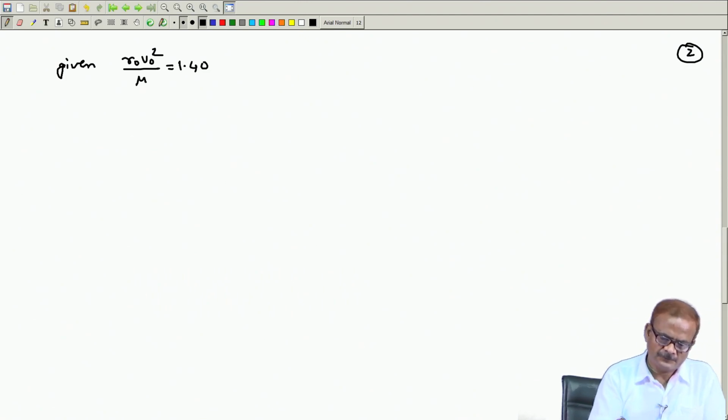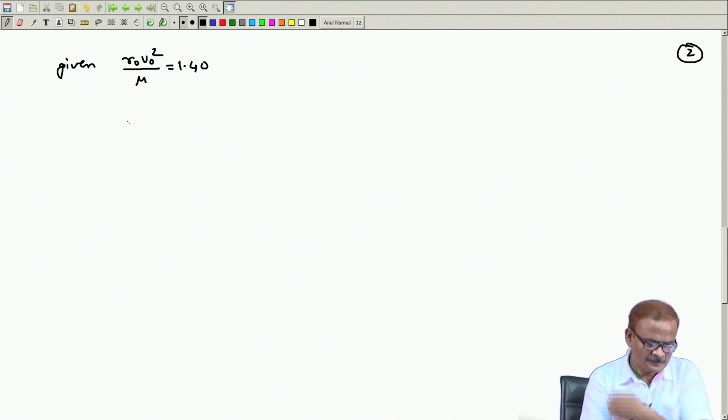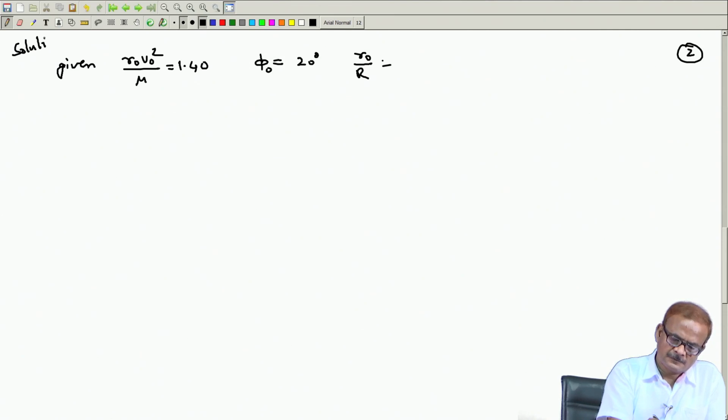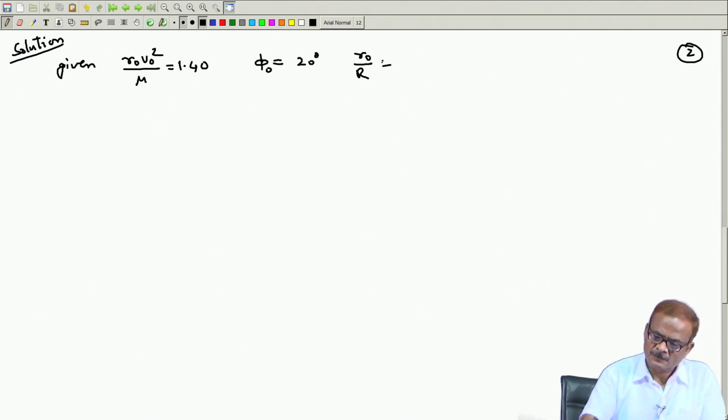This is given as 1.40, and phi 0, the flight path angle, is equal to 20 degrees, and r 0 by R is given as 2.0.